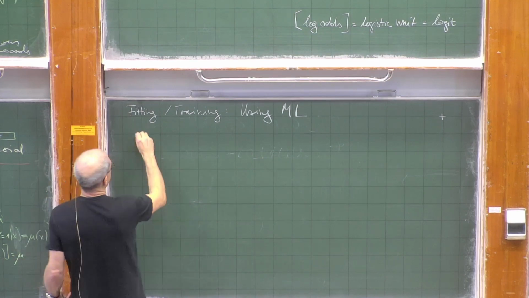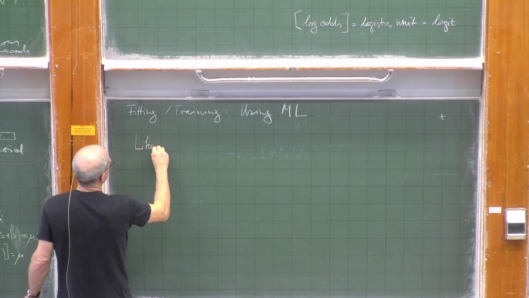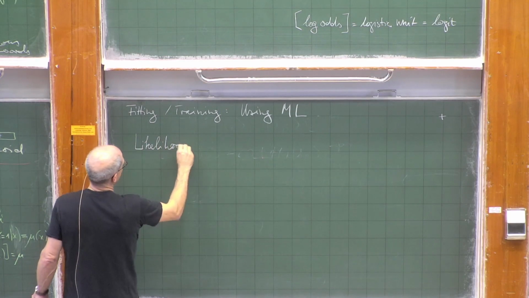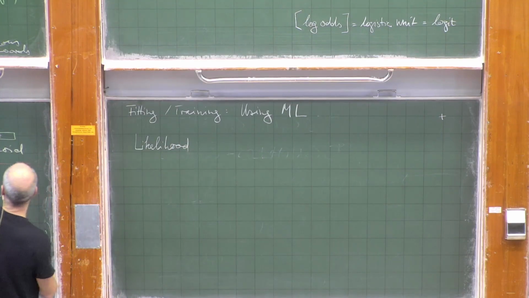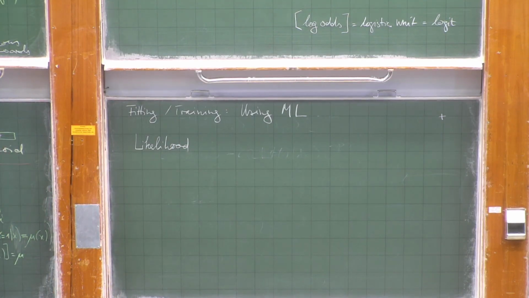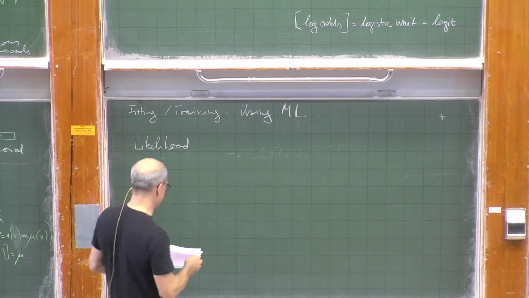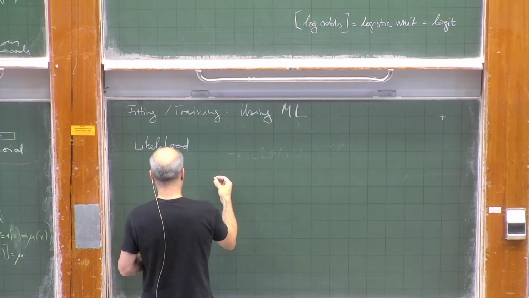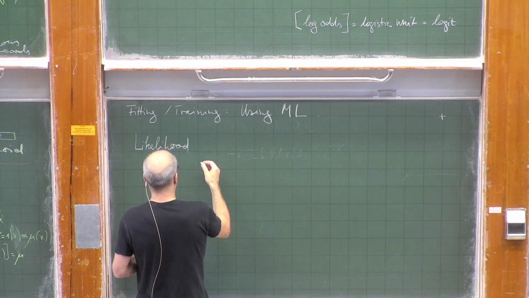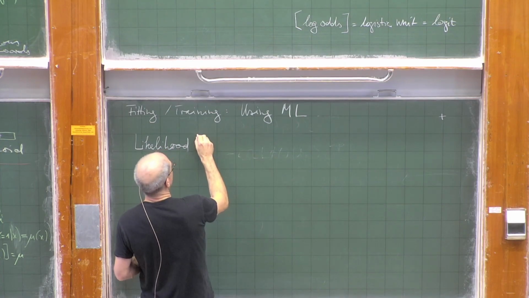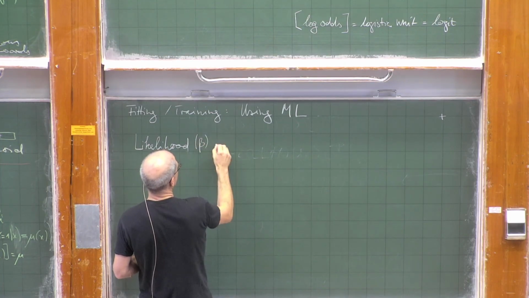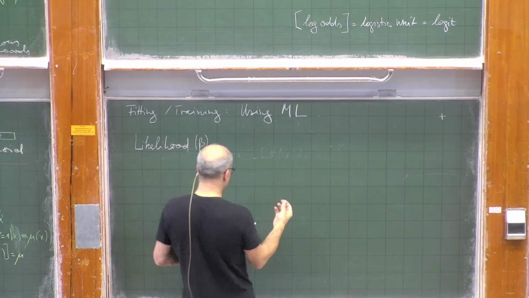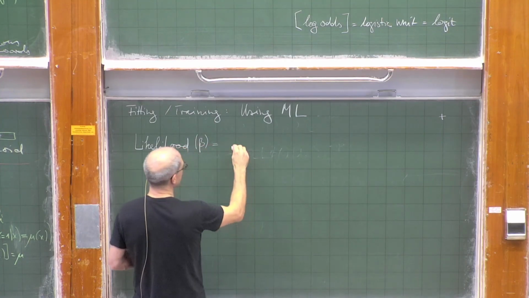Okay. And then we can ask, what's the likelihood of making these observations that we have? What's the likelihood of these observations given some parameter? And I'm going to write now the likelihood of beta, even though on the right-hand side, the beta is not going to show up immediately.